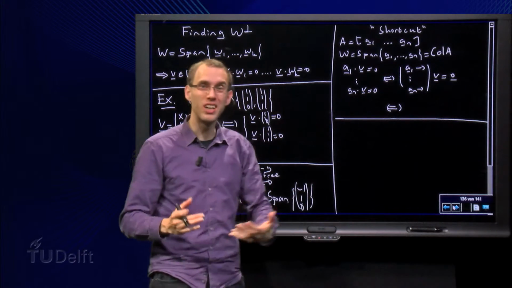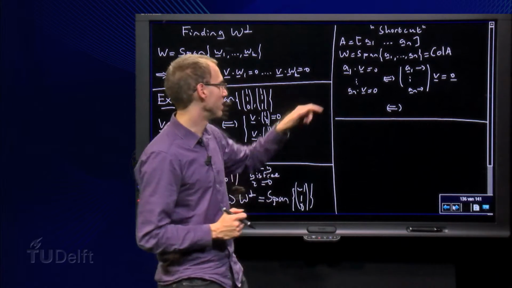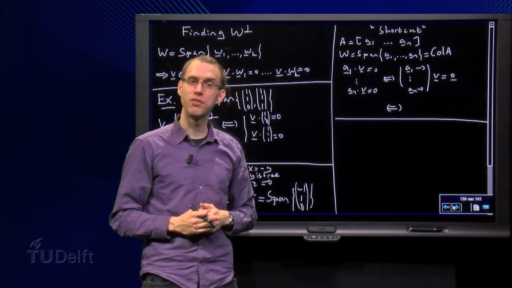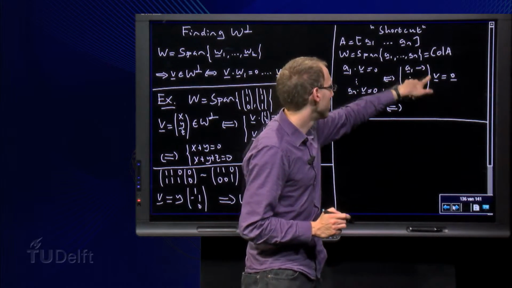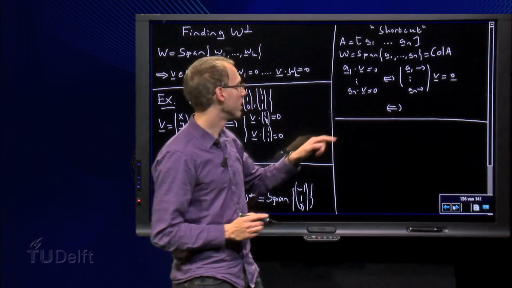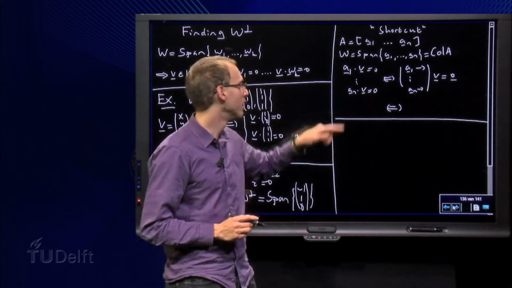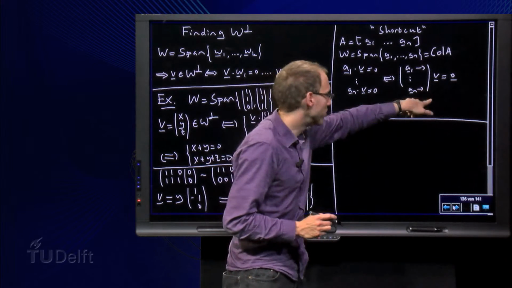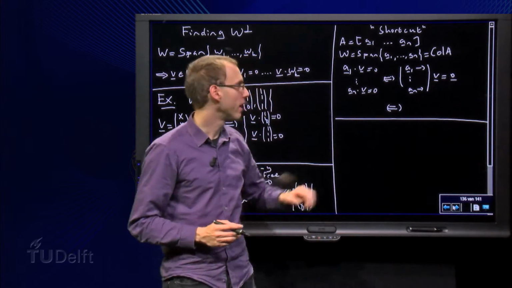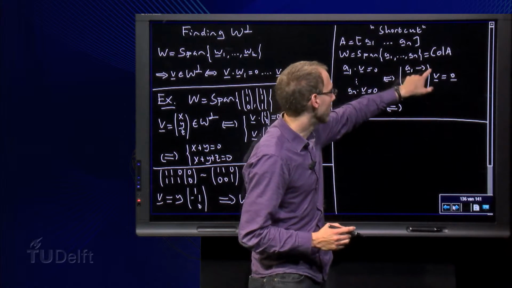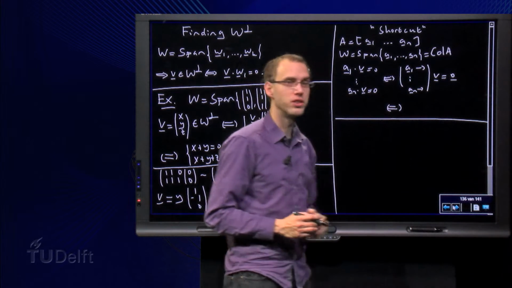You can also rewrite this in terms of a matrix equation. If you put all those equations in a matrix, that means I have to put a1 as a row, v as a column, equals 0 gives the first equation, a2 as a row times v equals 0 gives the second equation, and so on up till n. Then I get a matrix equation A transpose times v equals 0.